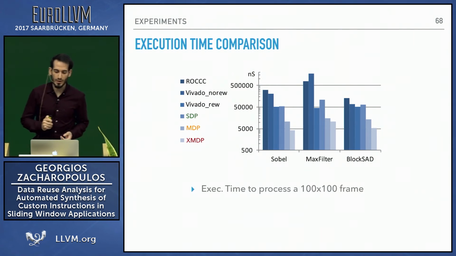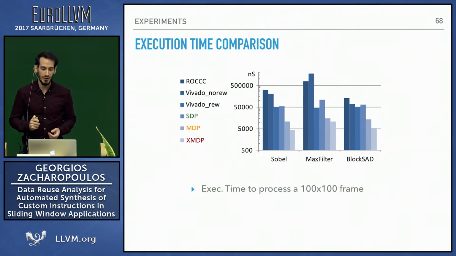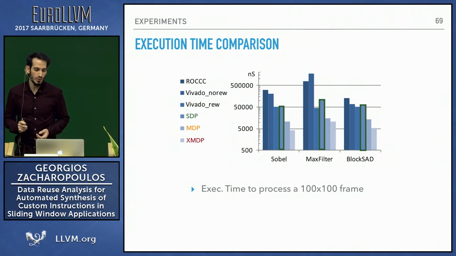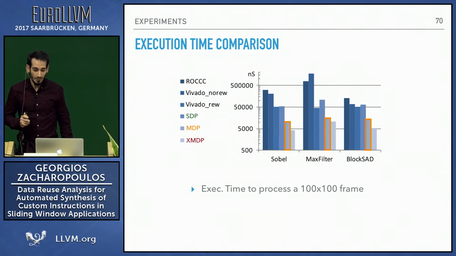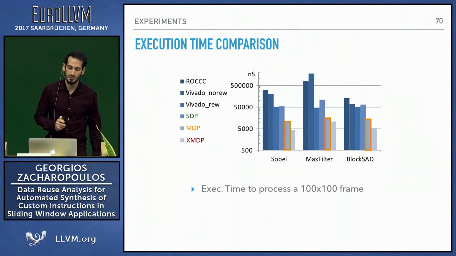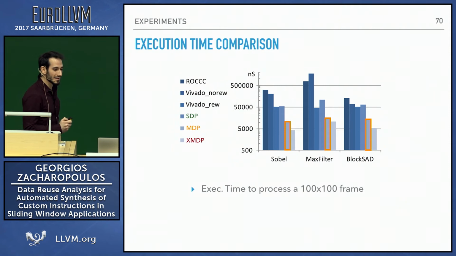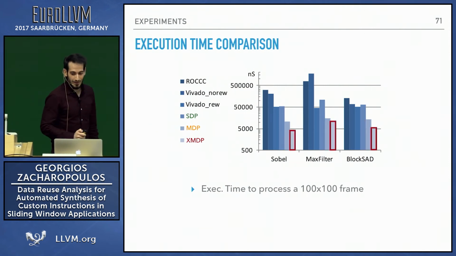Okay, so we're executing a 100 by 100 frame here, and we can see that our single data path approach was almost as good as the best competitor, Vivado rewrite in this case. The multiple data path approach was a lot better than the competition, and in fact the XMDP, the extra multiple data path approach, even better.